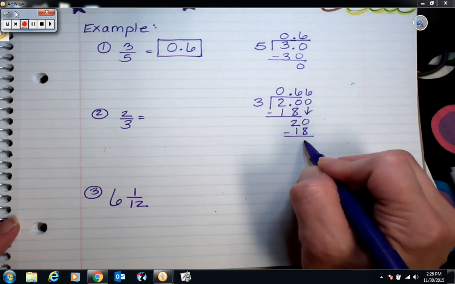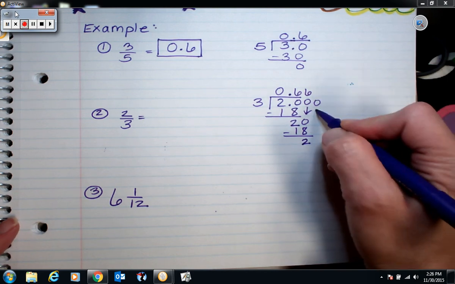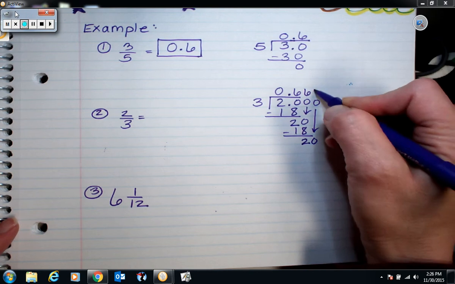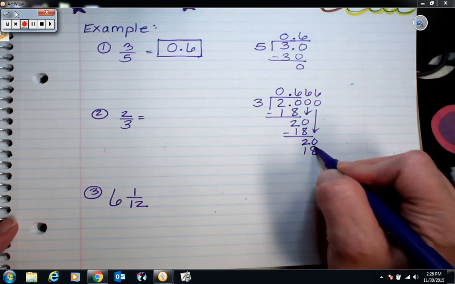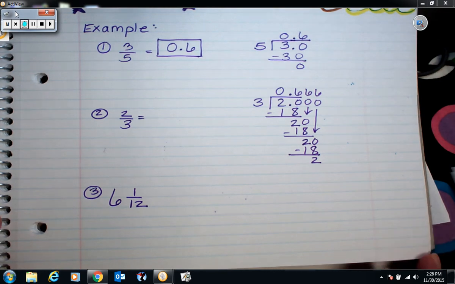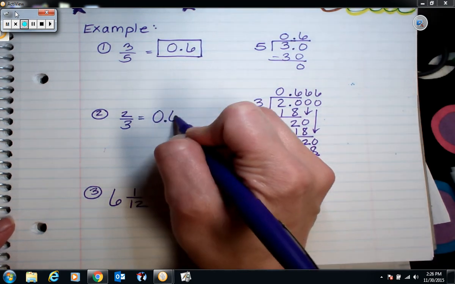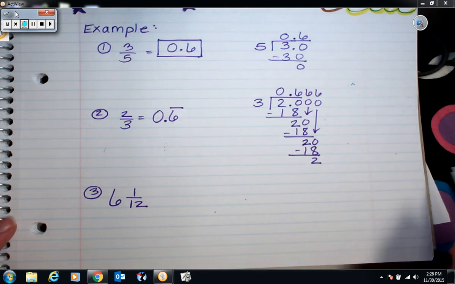Remember, our class rule is to divide to the thousandths place, and you might already be able to tell what's happening. Even though I'm not completely finished, it doesn't look like my division will ever stop. And we call this decimal a repeating decimal. So we're going to put 0 and 6/10 with the bar above the 6 to show that the 6 repeats.